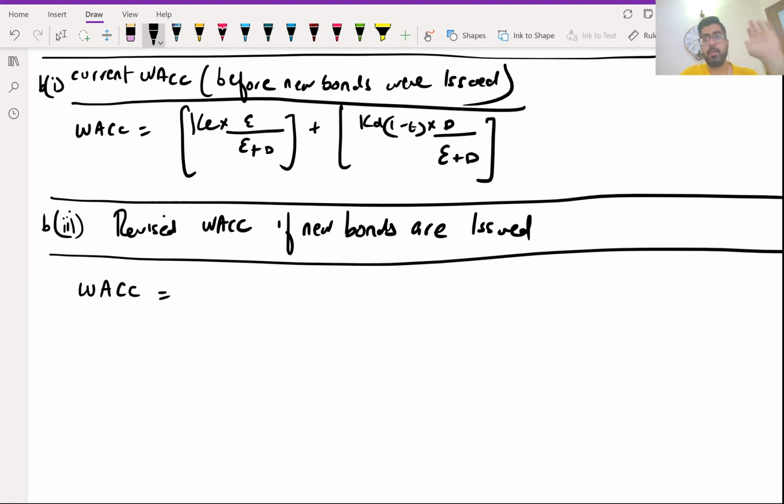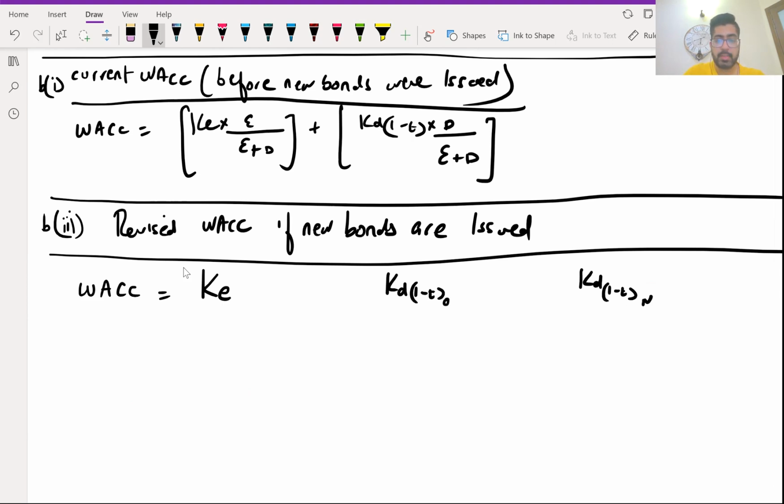The company has now become financed through three sources: equity, the old debt, and the new debt. So the WACC equation would be KE, KD(1 minus T) old, and KD(1 minus T) new.